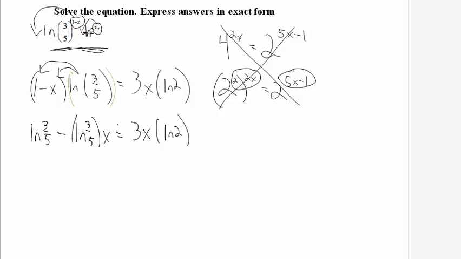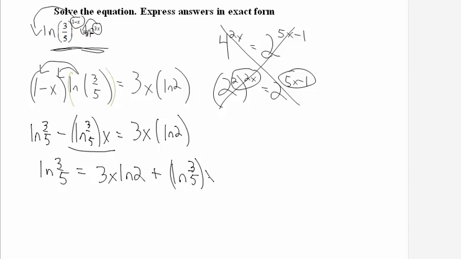Okay, so what I do next is get my x's on one side, so I'm going to do that by adding this term. I'm going to add that to both sides. Okay, so that would make it go away from the left, and on the right, if I add it, I get the 3x times the natural log of 2 plus the natural log of 3/5 times x.